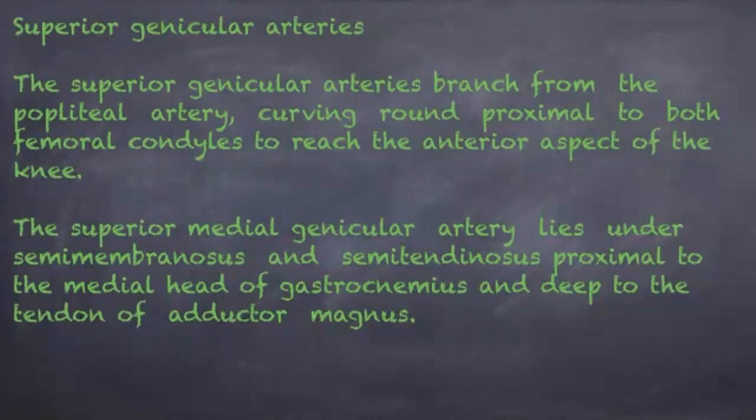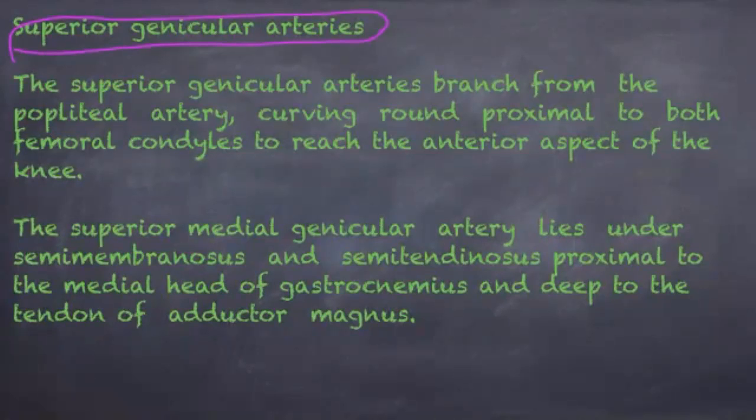So coming to the branches, the first one is the superior genicular arteries. Superior genicular arteries branch from the popliteal artery, curving round proximal to both femoral condyles to reach the anterior aspect of the knee.